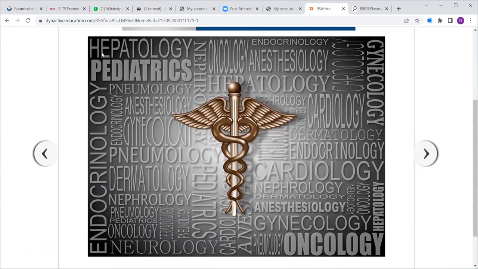So we have hepatology, the study of the liver, pediatrics, children, pneumology, anesthesiology, gynecology, endocrinology, dermatology, nephrology, the study of kidneys, oncology, neurology, cardiology. Wherever there is a medical specialty, there is a corresponding medical coding specialty.